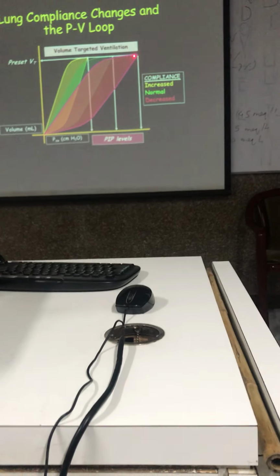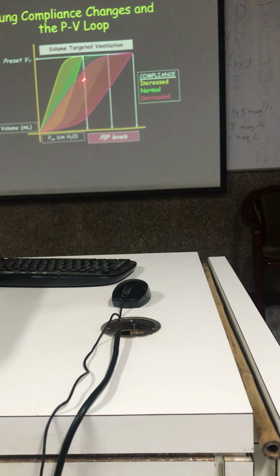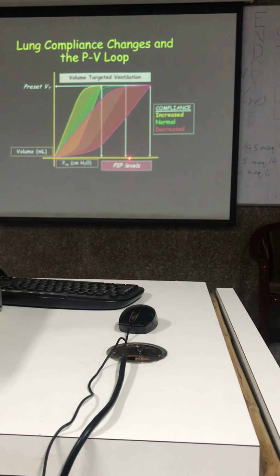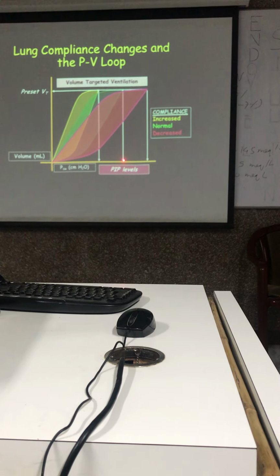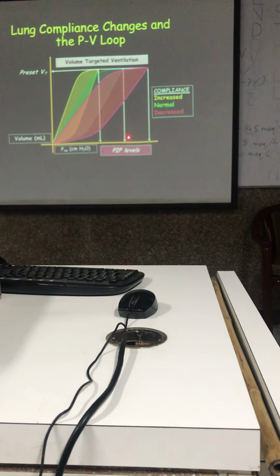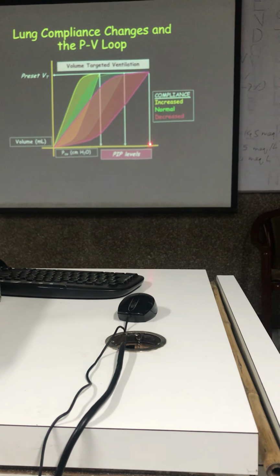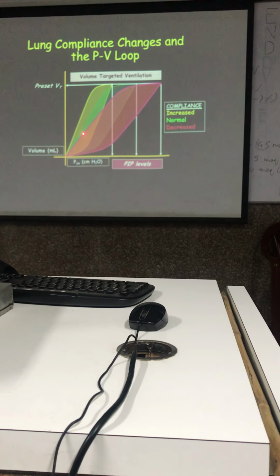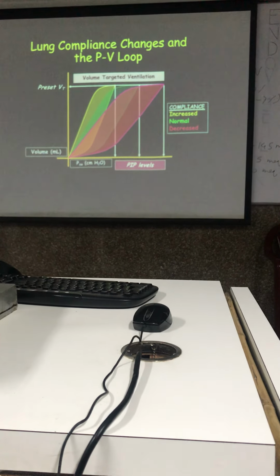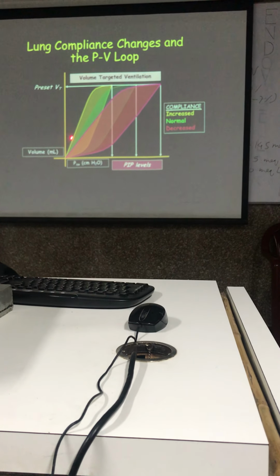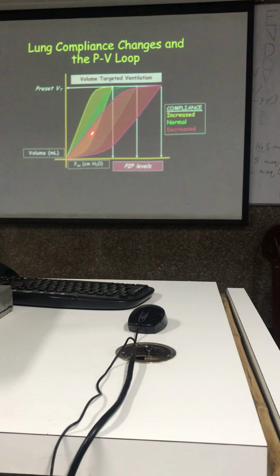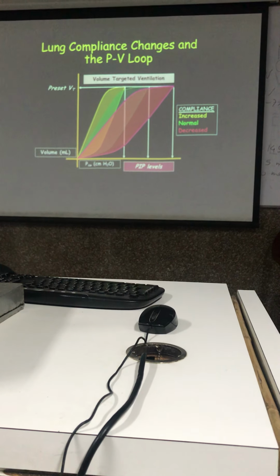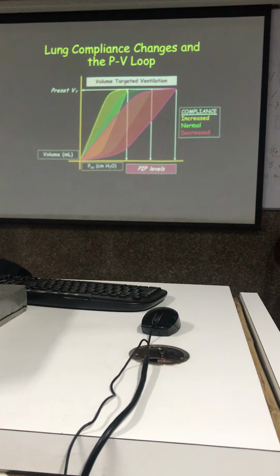See, and you can see this moving more towards the peak inspiratory levels, moving more towards the right. If this is the normal level here, if the patient's compliance decreases, the curve tends to go downwards. Whereas if the compliance is increased, say like in emphysema, the curve tends to stand up. So by looking at the curve pattern, you can tell what the compliance of the patient is. So simply by looking at that. Okay?